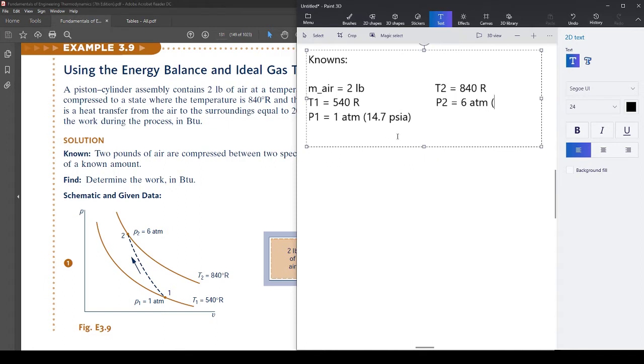So our pressure has increased by a factor of 6, and our temperature went up to 840.